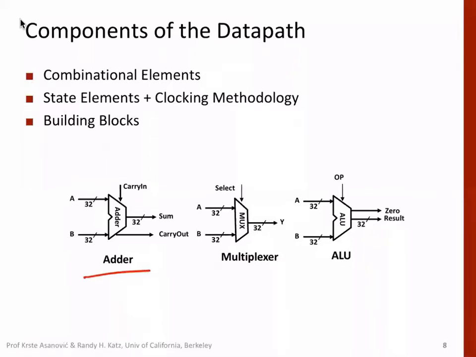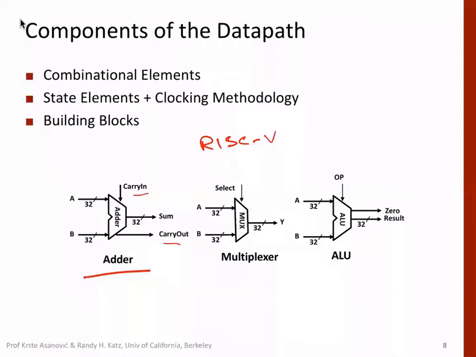We have seen the adder. In case of RISC-V, the adder will have two 32-bit inputs, a 32-bit output, and then carry out. There is also carry in.